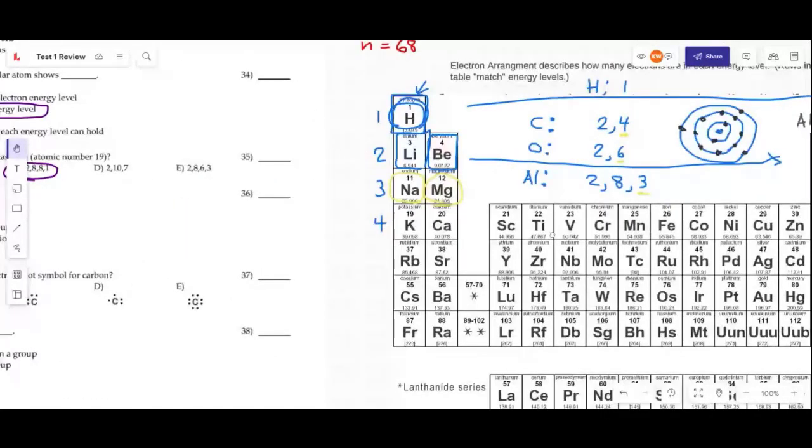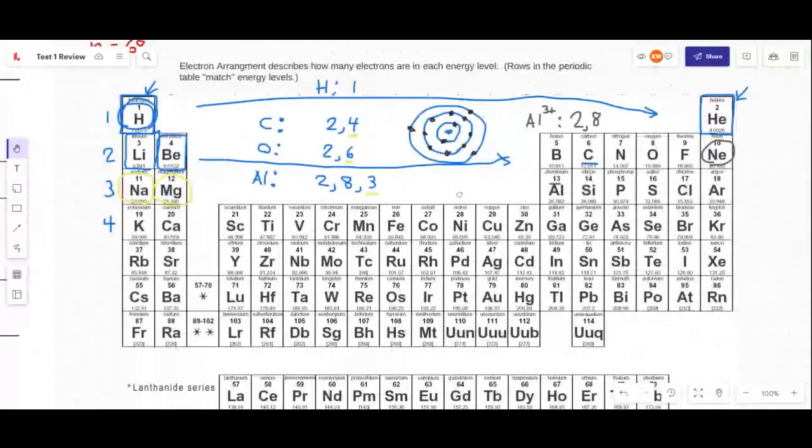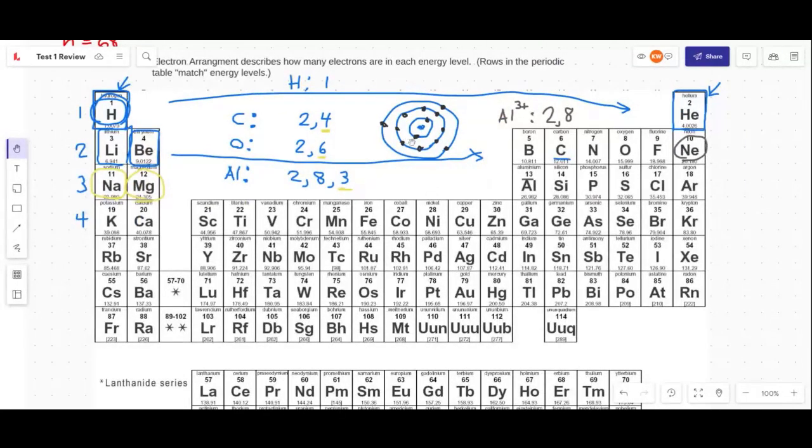And basically what it comes down to is this. The nucleus has a positive charge, right? So the nucleus has a positive charge, and it is attracting electrons to itself. I'm going to draw little arrows. It's pulling these electrons towards itself.